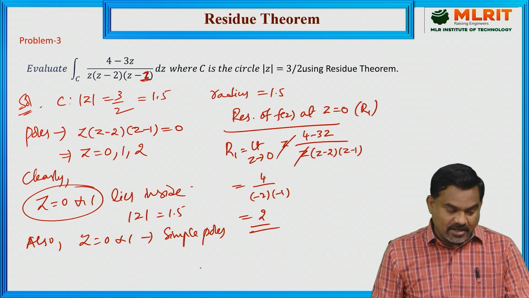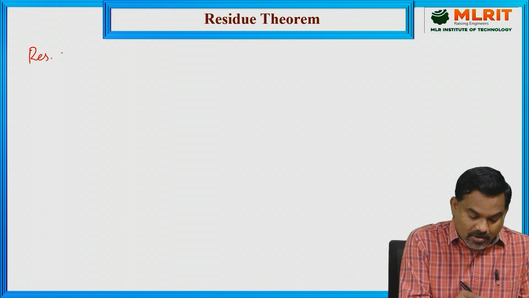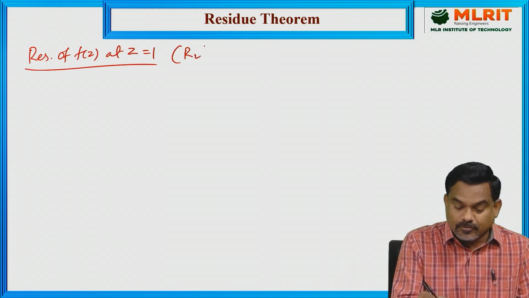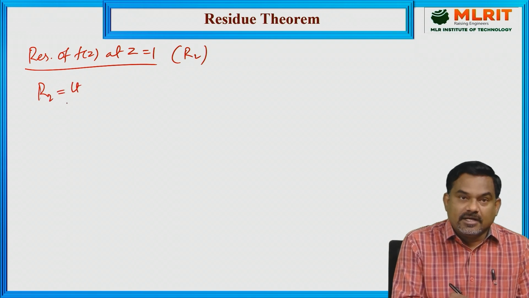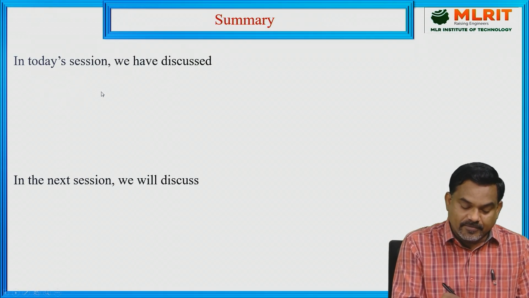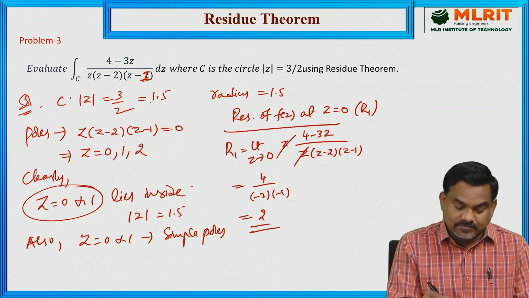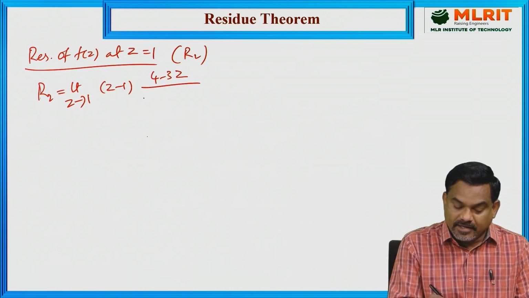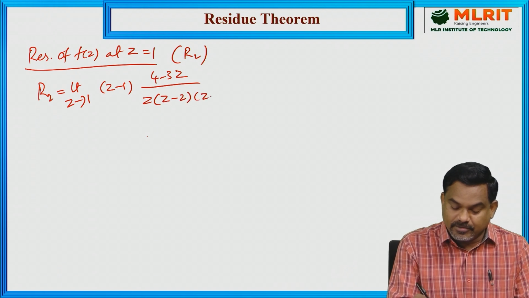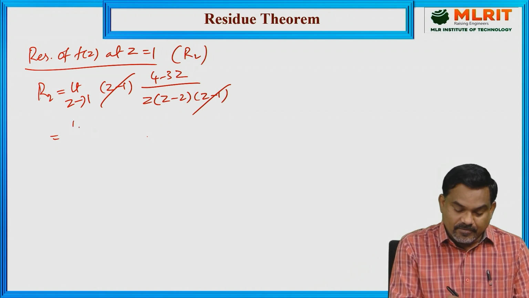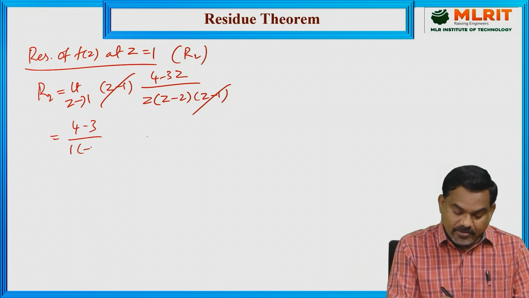Similarly, we need to find the residue at z equal to 1 also. Now the residue of f at z equal to 1, which is R2. R2 can be written as limit z tends to 1, z minus 1 into 4 minus 3z by z into z minus 2 into z minus 1. These two get cancelled. Now applying the limit as z tends to 1, 4 minus 3 by 1 into minus 1, which is minus 1.